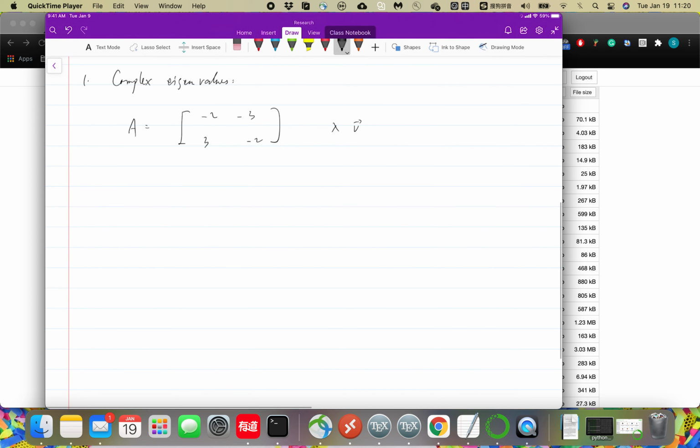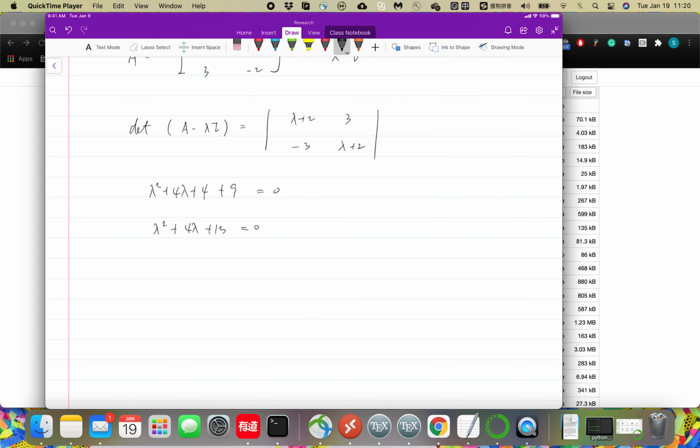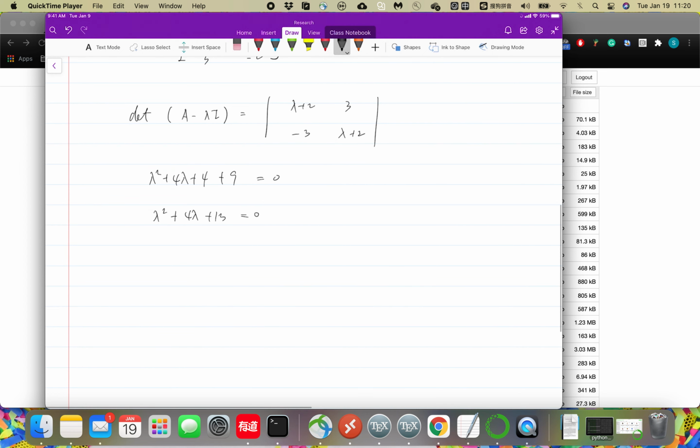Okay, and then we can say, well, determinant of A minus lambda I. So we have lambda plus 2, 3, negative 3, lambda plus 2. This gives you lambda squared plus 4 lambda plus 4 plus 9 equals 0. This gives you lambda squared plus 4 lambda plus 13. If we are able to factor everything out, we get two distinct real eigenvalues. We repeat what we had in the previous section.